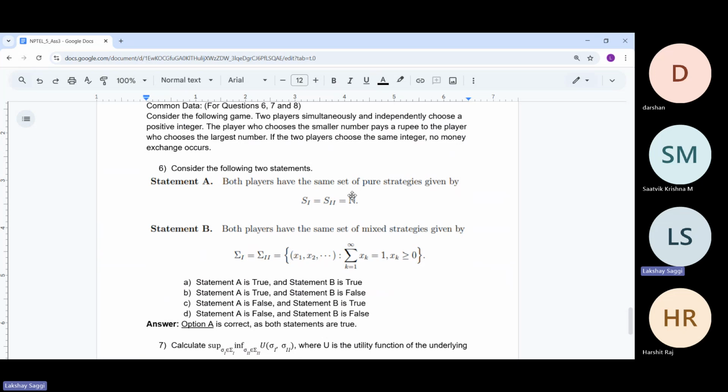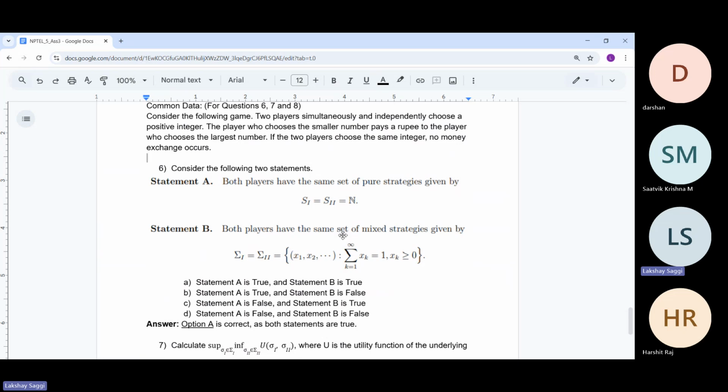And the set of mixed strategies is basically this: the players can play the number i with probability xi, and the sum over all the probabilities should be equal to 1. Note that since there are infinite natural numbers, you'll have to denote it using this infinite tuple, where x1 denotes the probability of playing 1, x2 denotes the probability of playing 2, and so on till infinity.